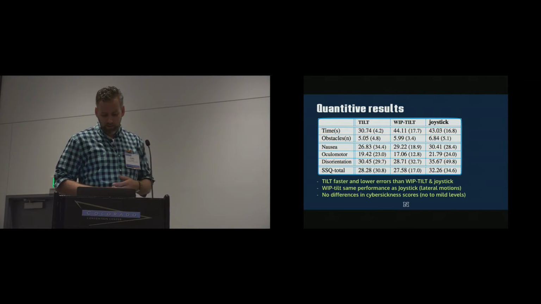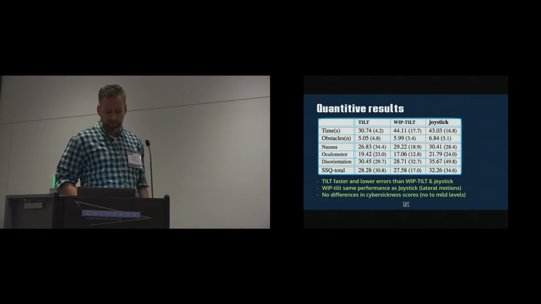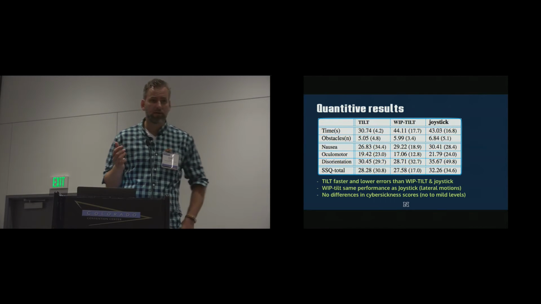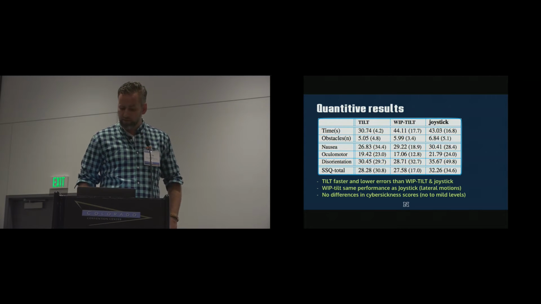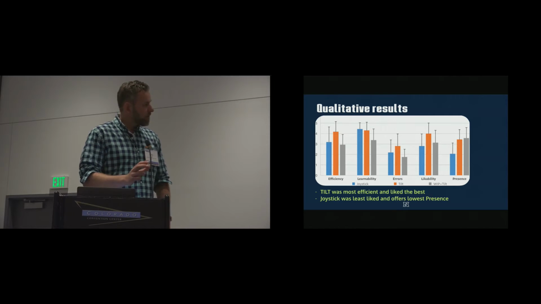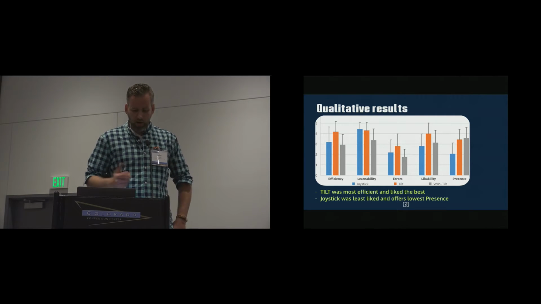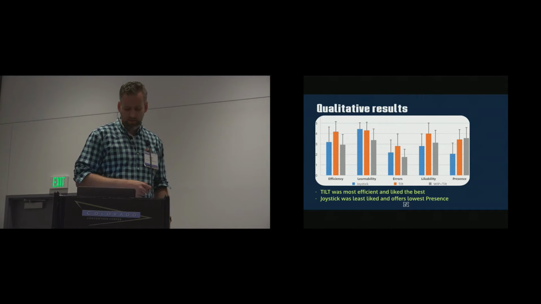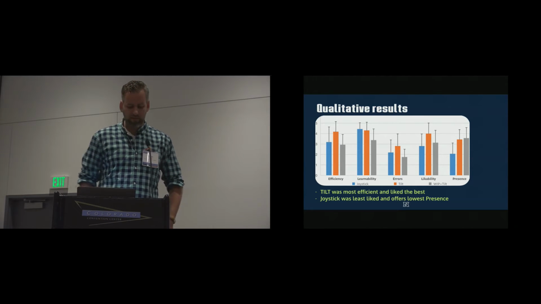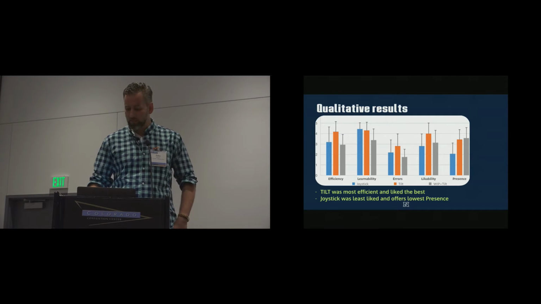That's a good thing. We also did not notice a significant difference in cybersickness. Actually, none of the techniques caused significant levels of cybersickness, or at least very low levels. As for qualitative results, overall, tilt was found to be most efficient and was liked the best, while joystick control was least liked and had the lowest presence.